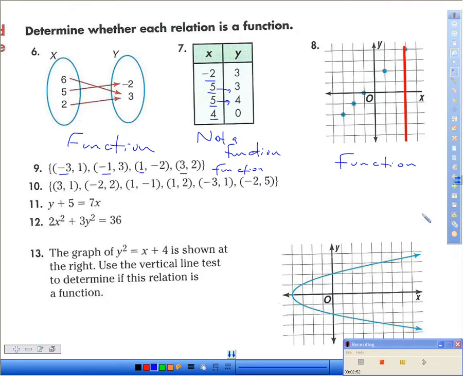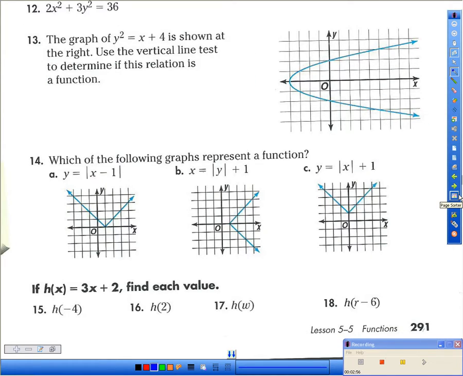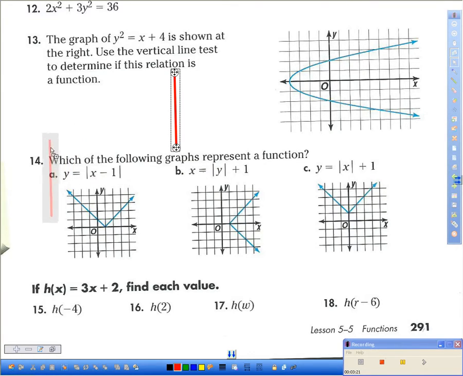The next section that we're looking at is 14, 15, 16, and 17. Number 14 says, which of the following graphs represents a function? Again, now that we have graphs given to us, we can use the vertical line test. The vertical line test says that we can draw a line going straight up and down, and move that line across our graph and see if it touches any two parts of the graph at one time.